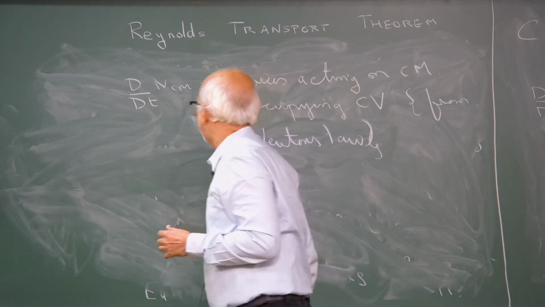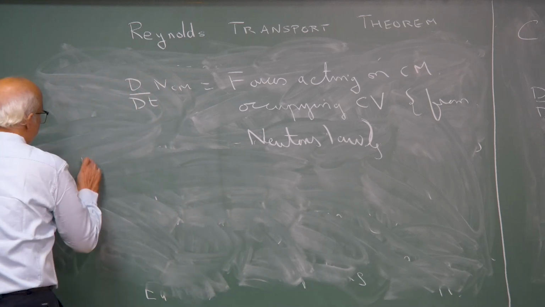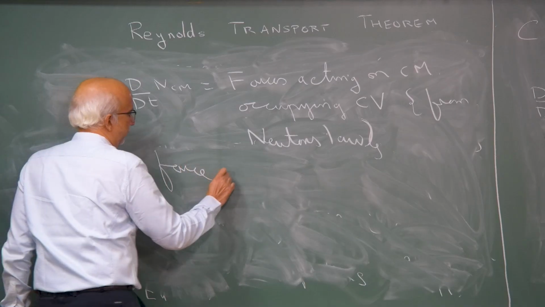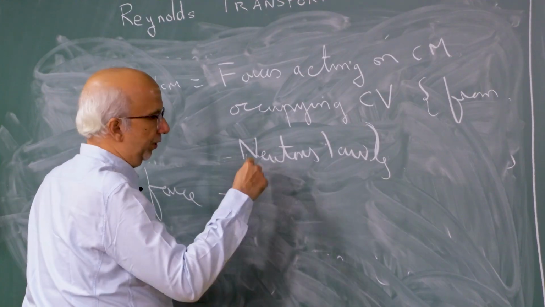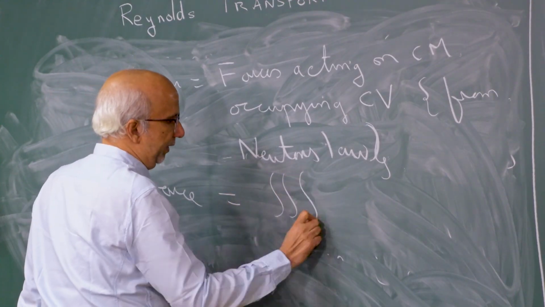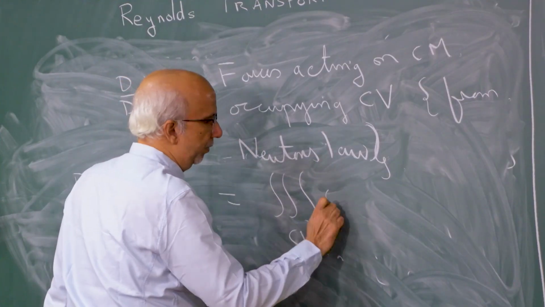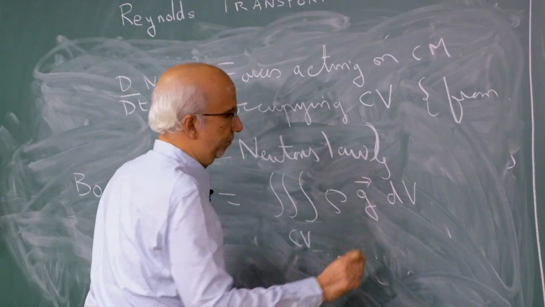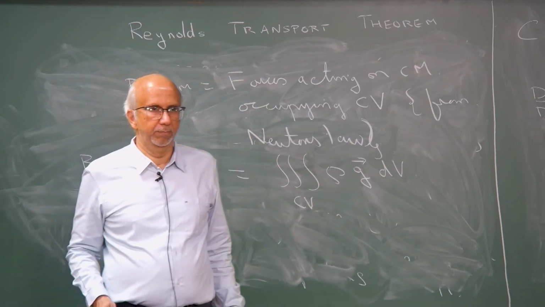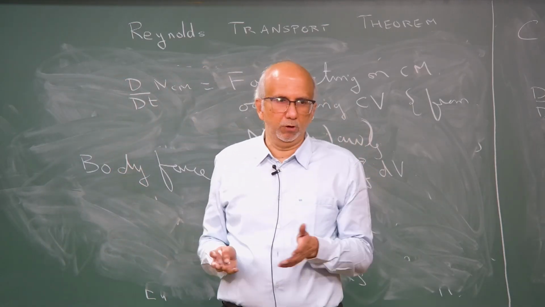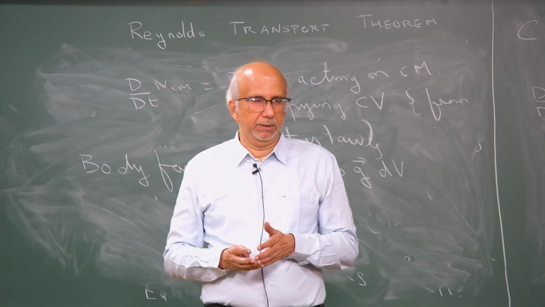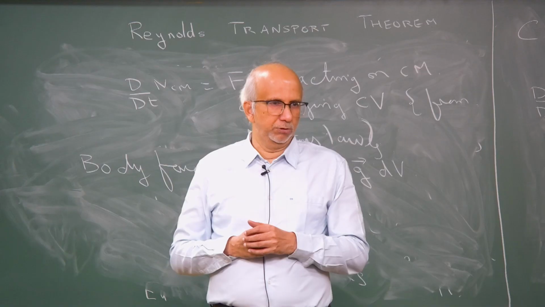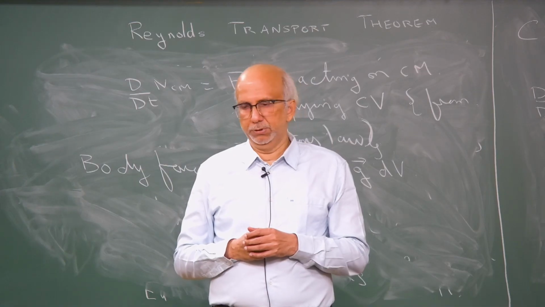The body force, for the entire control mass, is going to be the integral over the control volume of rho g dV. The control mass is occupying my control volume at time t, right? That is how I identified my control mass.